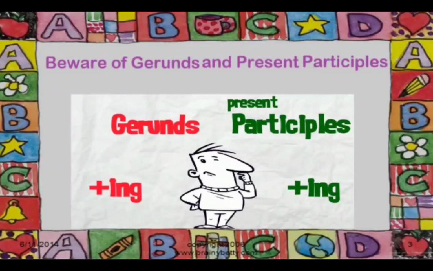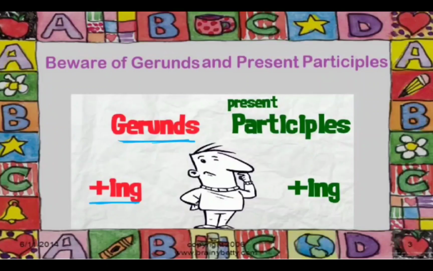Now simple sentences can be confusing. Something can look like a verb, but it may not be a verb. Gerunds look like verbs, but they may not be a verb. Look here, they add ing.